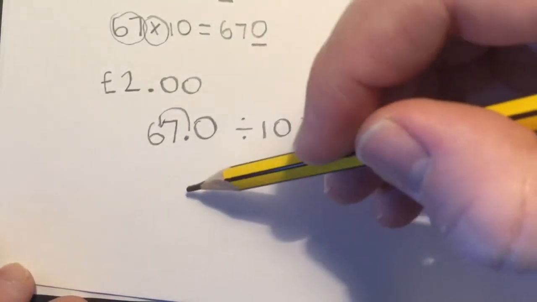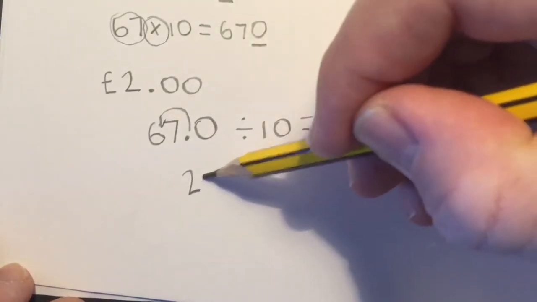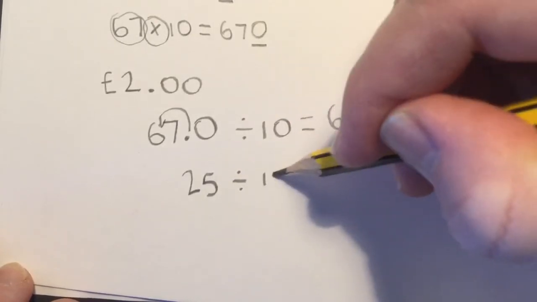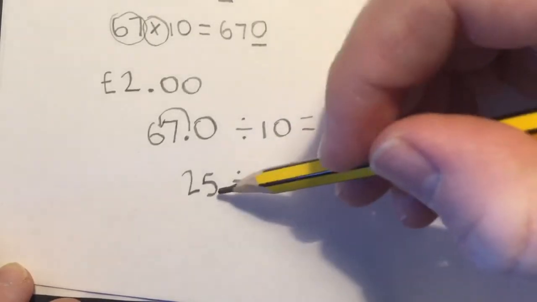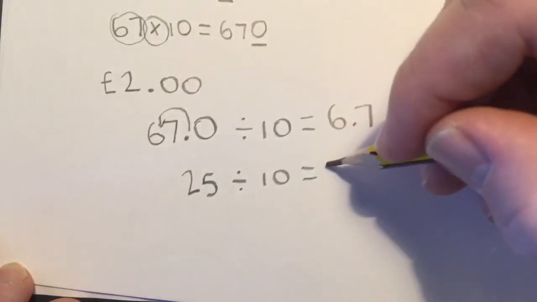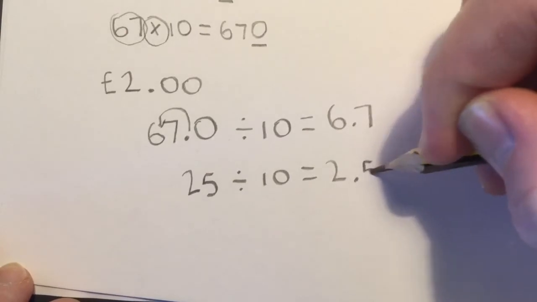That could be any sort of number, so it could be 25. So 25 divided by 10 equals, our decimal point is here, we just don't write it down, so it just moves into the middle there, so 2.5.